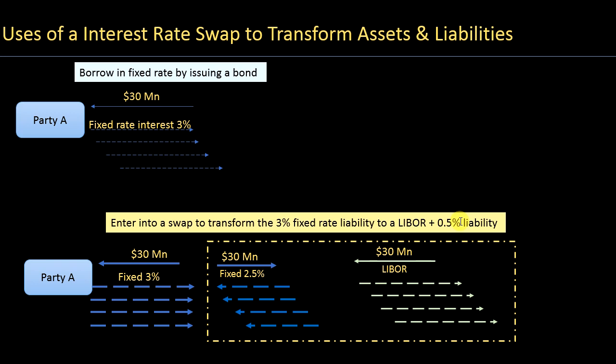This is one of the benefits of entering into an interest rate swap. You can transform a liability. At the same time, you can also transform an asset. For example, if you have invested in a particular investment and you're receiving floating rate cash flows, you can enter into an interest rate swap to transform that asset into a fixed rate asset. But in this example, I'm showing you how to transform a liability by entering into an interest rate swap.